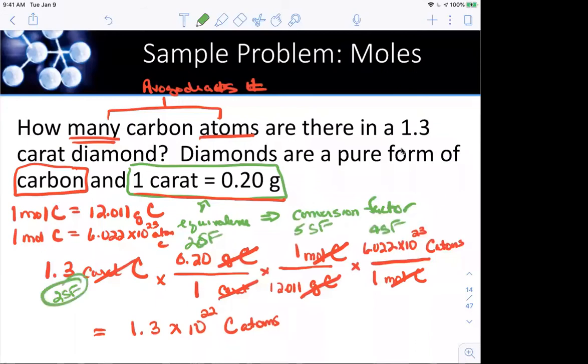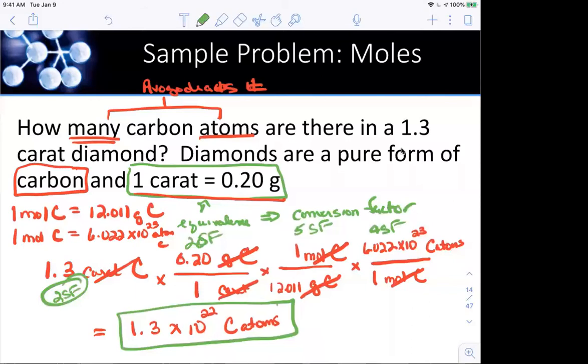So 2 is the lowest number. My answer is 1.30357 and so on, times 10 to the 22nd. So I'm going to round that to 2 sig figs. So this is going to be my answer to that question, to the right number of sig figs.